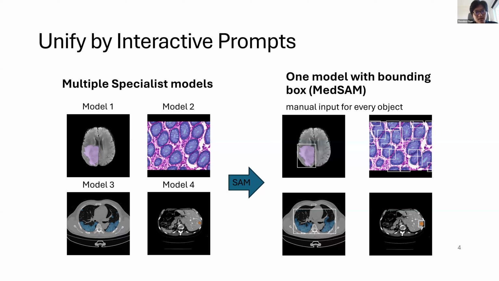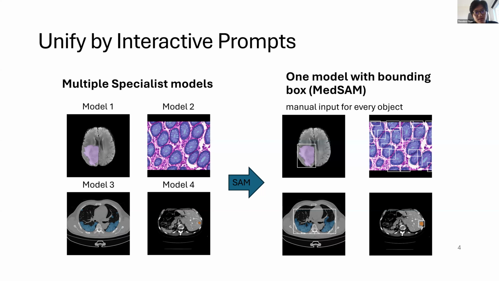There have always been attempts to unify different tasks into a single foundation model. And thanks to the introduction of the Segment Anything Model, we were able to unify different biomedical segmentation tasks with one model, in the previous work called MedSAM. I believe many of you are very familiar with this one.